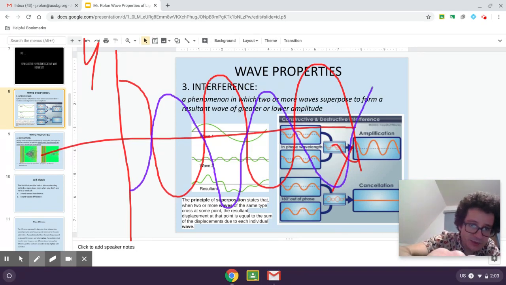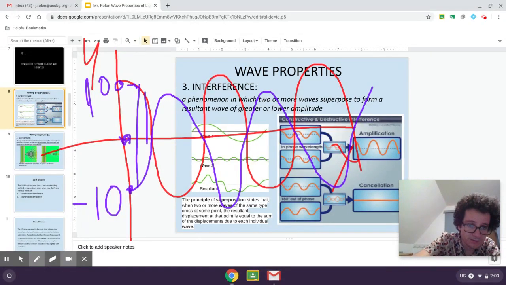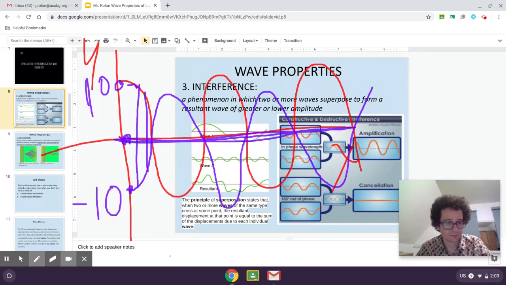So what's gonna happen? Imagine that the maximum value here is 10, and the minimum value in the other one is minus 10. So if they overlap, 10 plus minus 10 is 0. And the same with all the points. They're gonna have a sum of 0. And that's how they cancel each other.